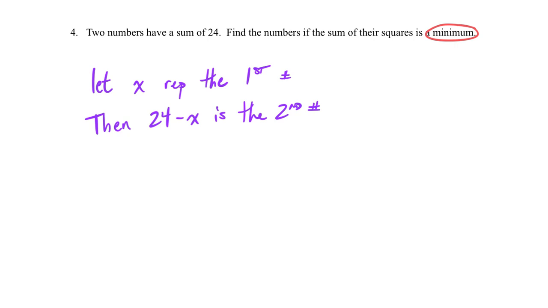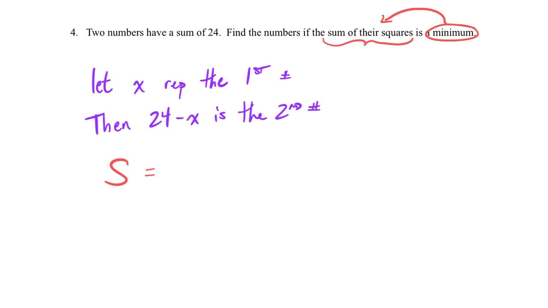So if I'm looking for a minimum, I need a minimum of what? I'm looking for the sum of their squares to be a minimum, so I need to build a sum of their squares function. I'm going to call it S for sum of squares, and I'm going to build that function.